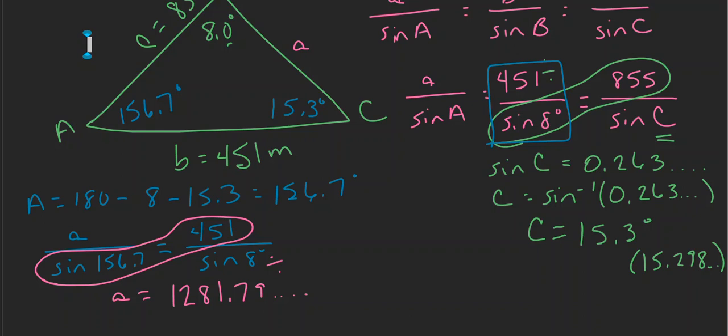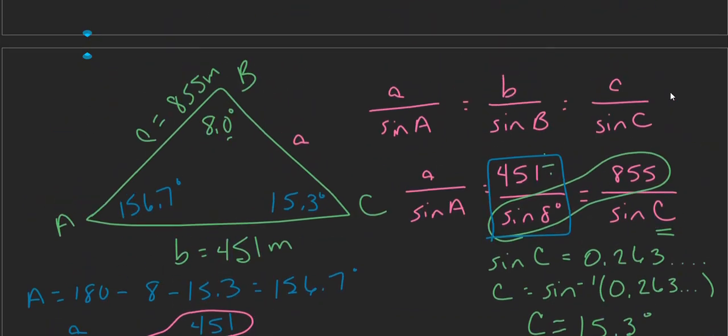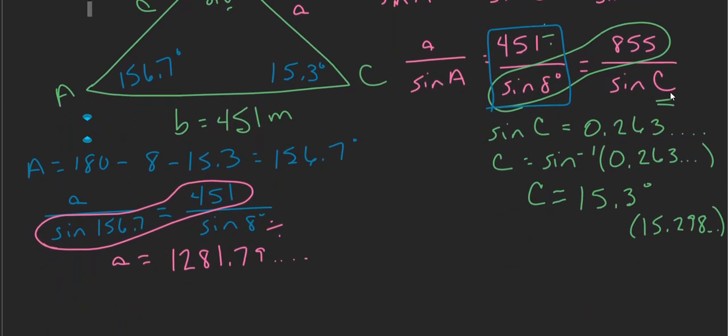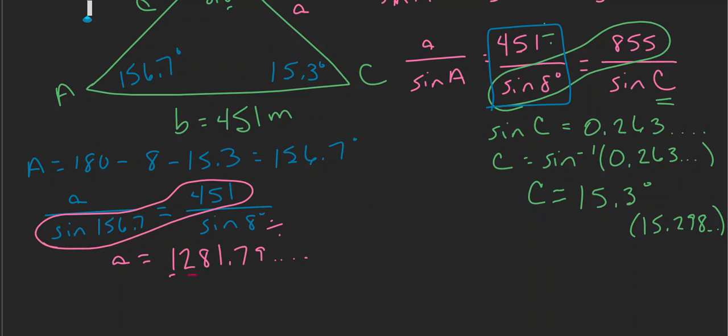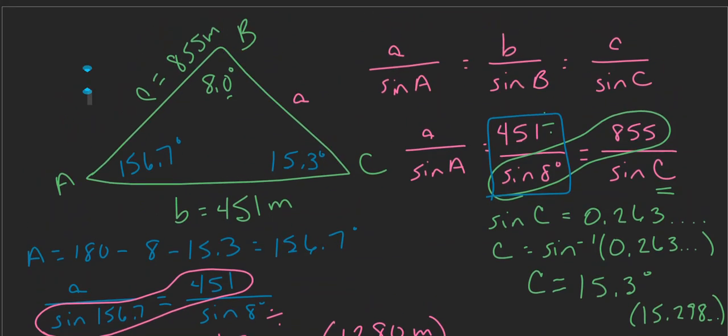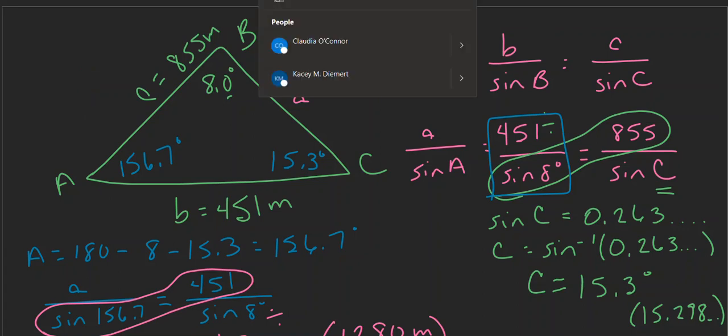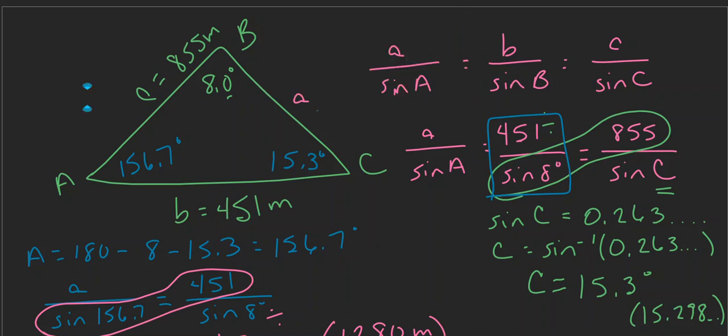And if I look up above, I have 3 significant digits. So 1, 2, 3. So side A becomes 1280 meters. And I'm going to write that in blue just because I wrote the other ones in blue to keep them consistent. So A is 1280.